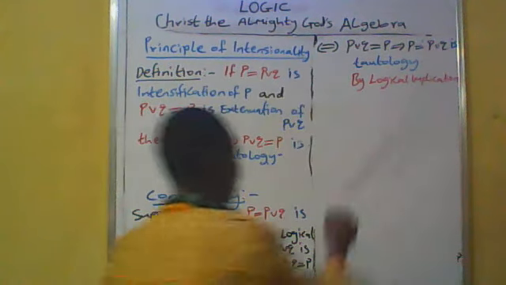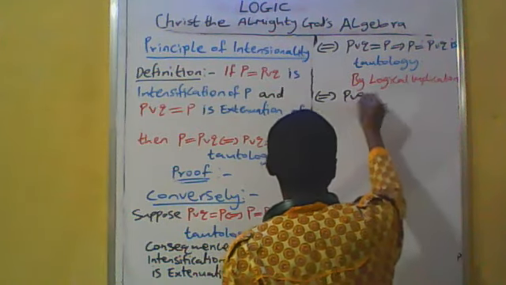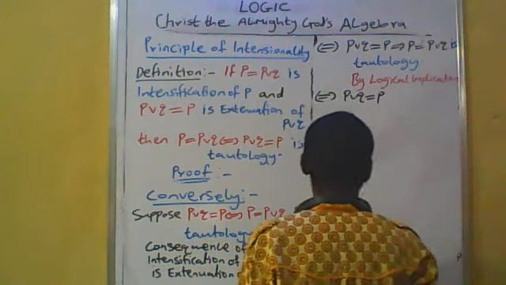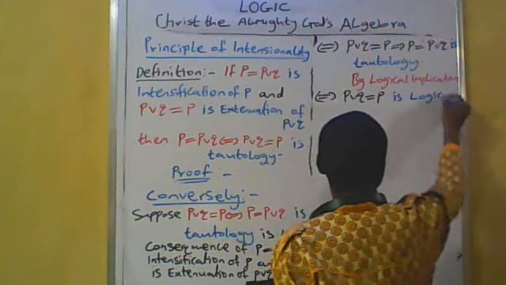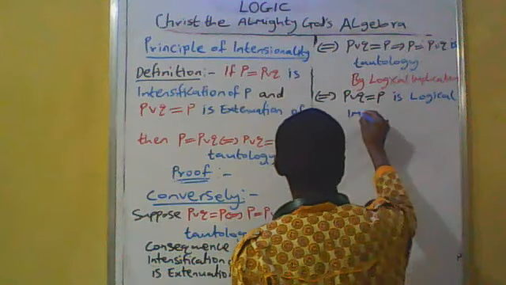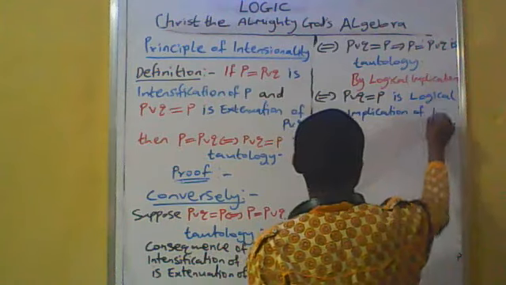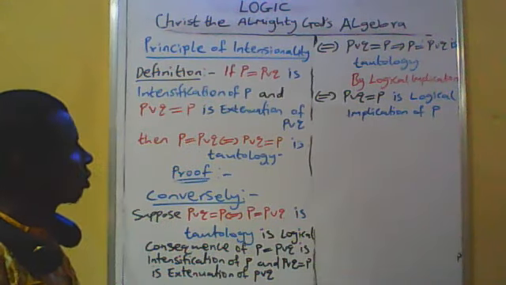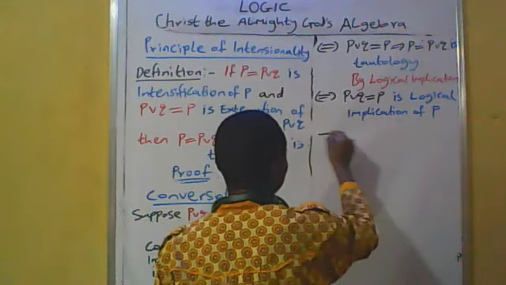That means if and only if P or Q is equal to P is logical implication of P. So if this is true, also this must also be true.